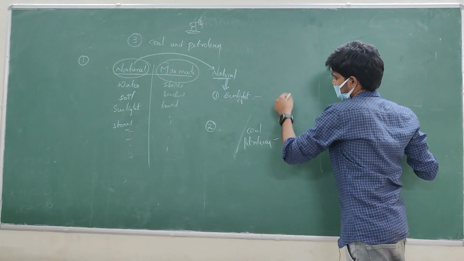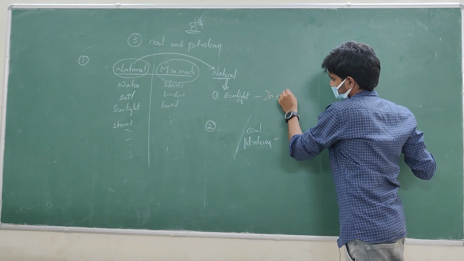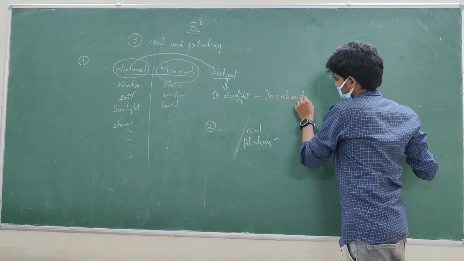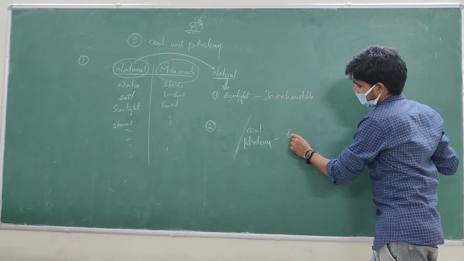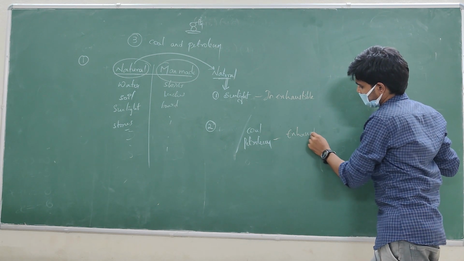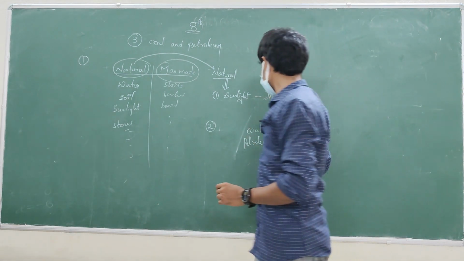For sunlight, I simply write it as an inexhaustible natural resource, and coal and petroleum are exhaustible natural resources. Then you need to know what an inexhaustible natural resource is and what an exhaustible natural resource is.